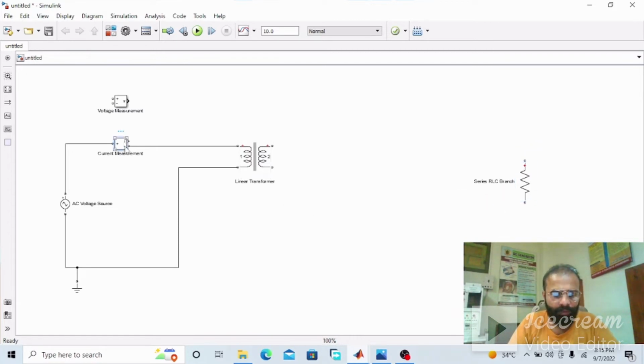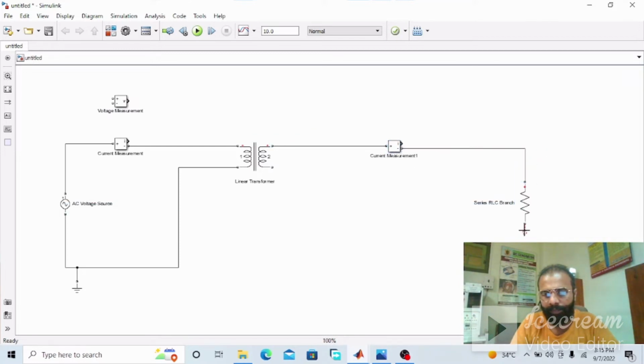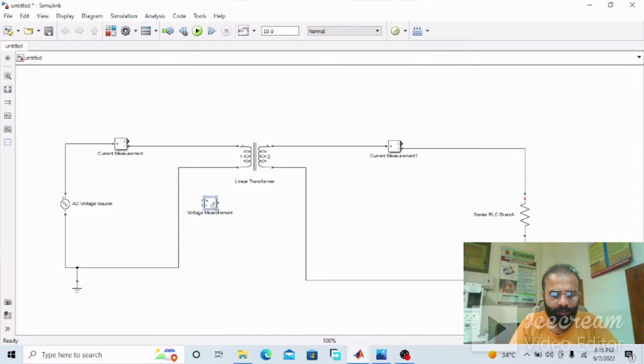So also we need another ammeter. This ammeter will give us the secondary side current. Okay. And now the load is connected with the transformer. Now another voltmeter we require.